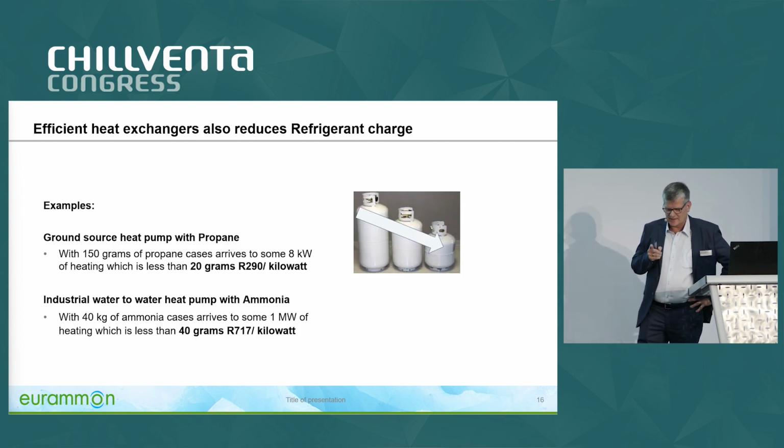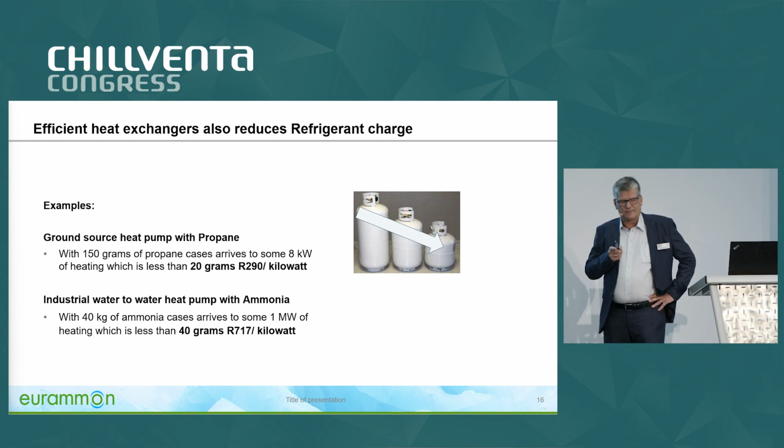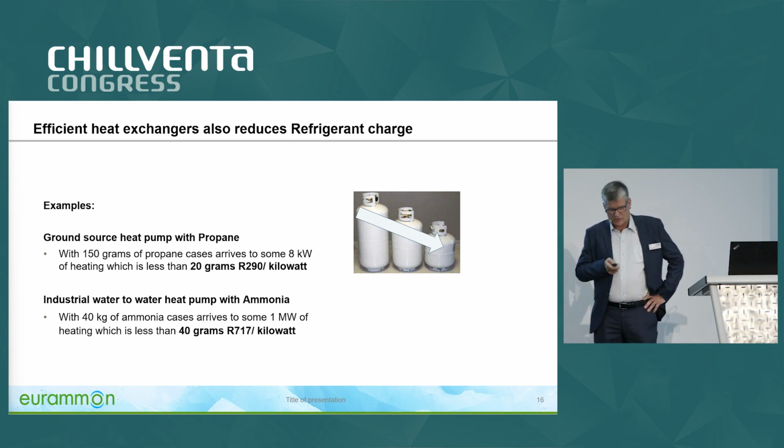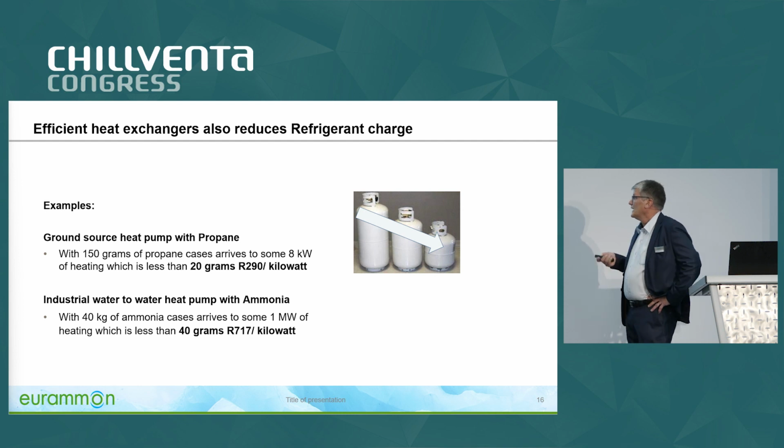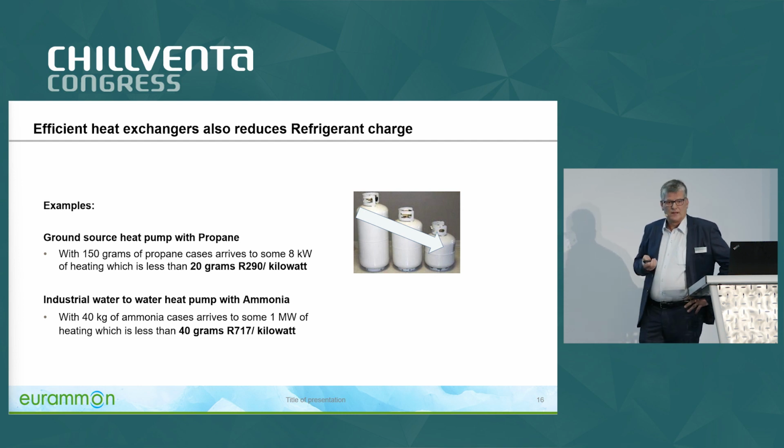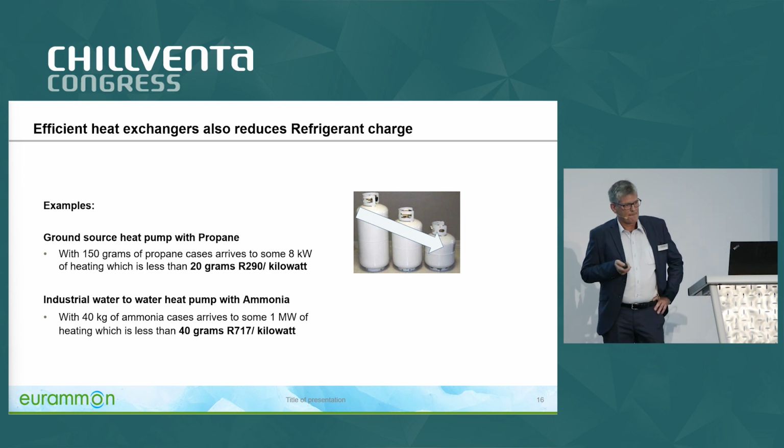Efficient heat exchangers do not only help your efficiency, COP, they also reduce the refrigerant charge. Here are some examples where we have a ground source heat pump with propane, for example, 8 kilowatt with 150 gram.